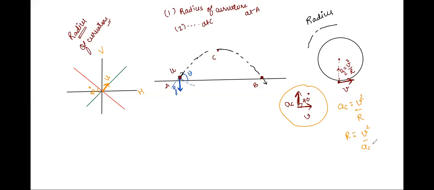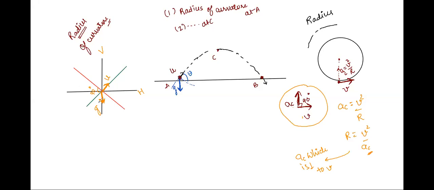But mark my words, this is that AC which is perpendicular to V. So here I want to find what component of g is perpendicular to u. Class, remember, I have g acting vertically downwards.